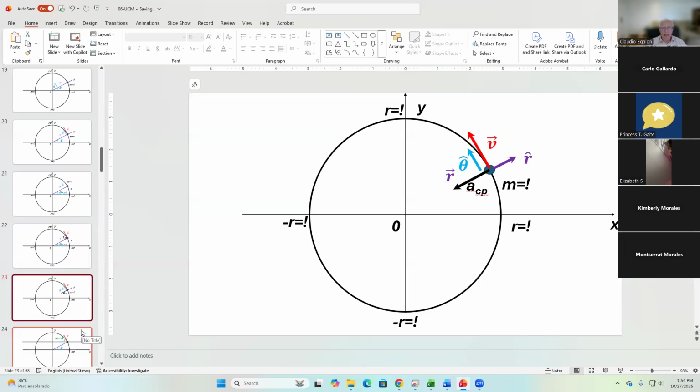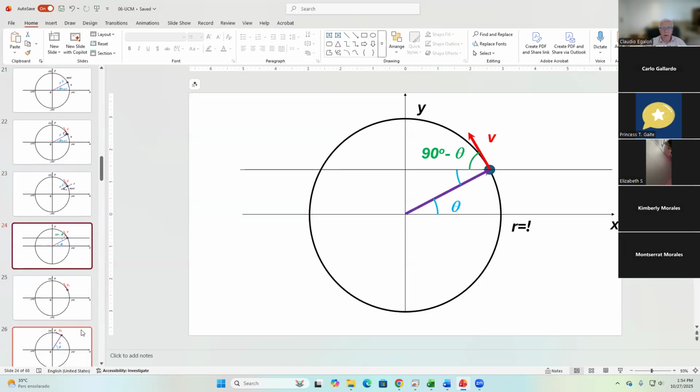Okay, so here you go. What did I do in the next slide here? I came up with this line parallel to the x-axis. I need this line parallel to the x-axis to identify the proper angles here. So since we have a little z here, what does this little z mean? It means that this angle here is going to be equal to this angle. Since this angle is 90 degrees, this angle here is going to be 90 minus theta.